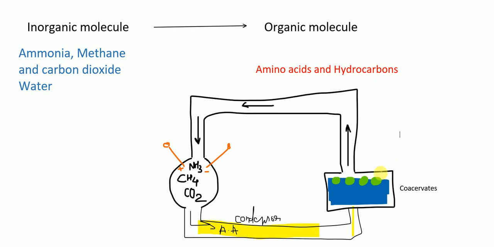The fragments of organic molecules floating on water are called coacervates. Alongside with amino acids we were also getting hydrocarbons. Here in the chamber the hydrocarbons over time developed to form triglycerols, and amino acids developed to form proteins, and the nitrogenous bases developed to form RNA and DNA.